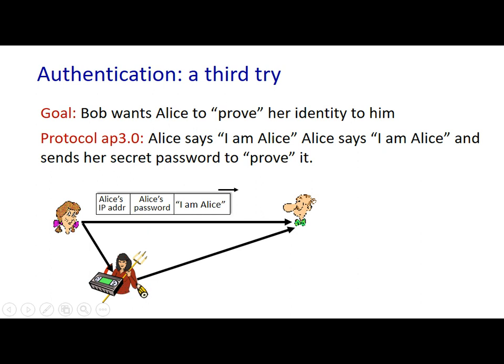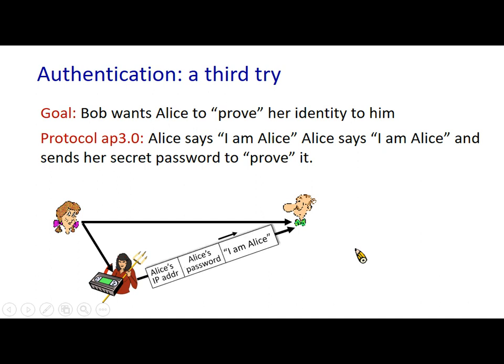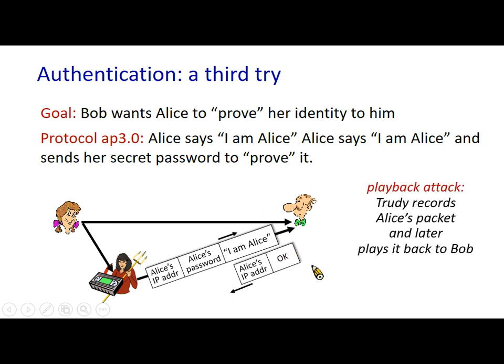The failure scenario: Trudy still wants to hack, so she gets Alice's IP address and password and sends a message saying "I'm Alice." Bob replies okay. This is a playback attack: Trudy records Alice's packet and later plays it back to Bob.